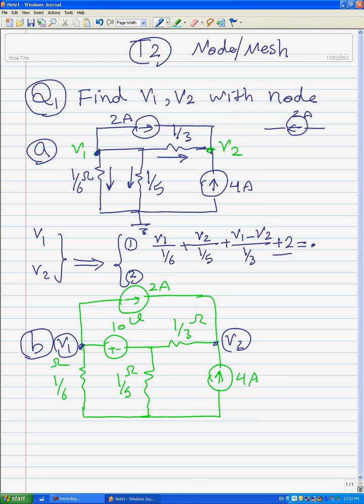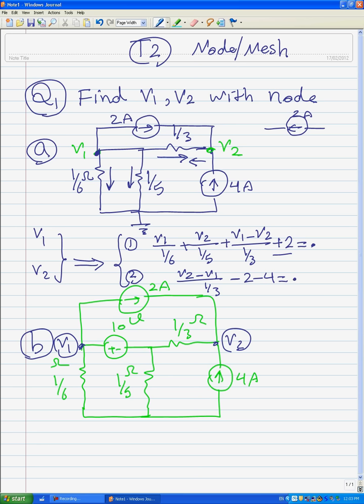Equation 2 is obtained by applying node scheme in node 2. For equation 2, we have this current: V2 minus V1 divided by 1 over 3 minus 2 minus 4 is equal to 0.